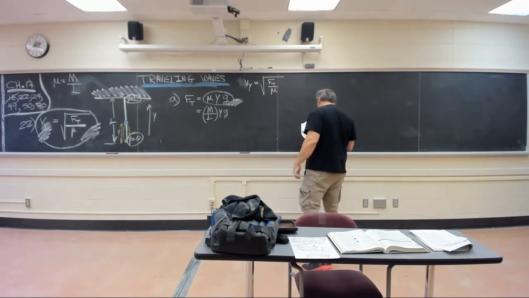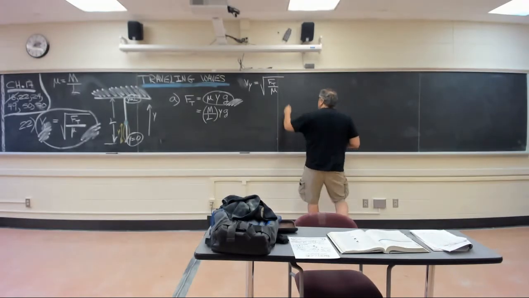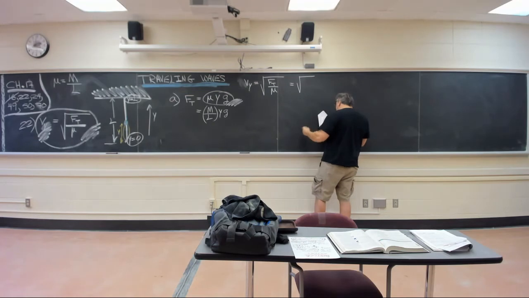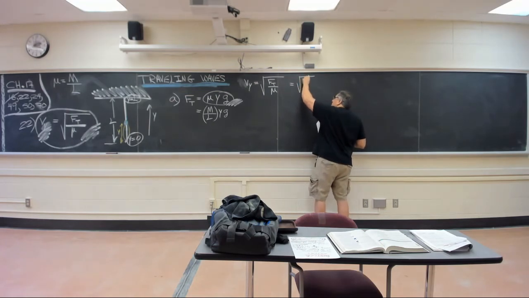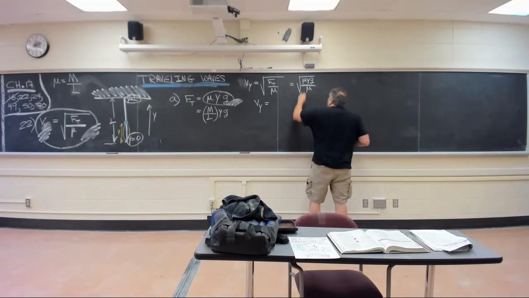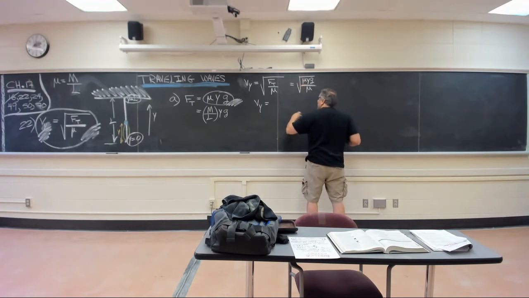Yeah, okay, we've already said that. Well, let's see if we can simplify a little bit. Ft is mu yg divided by mu. That's pretty significant. Mu divided by mu is out of there.